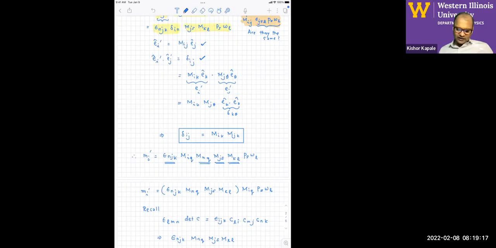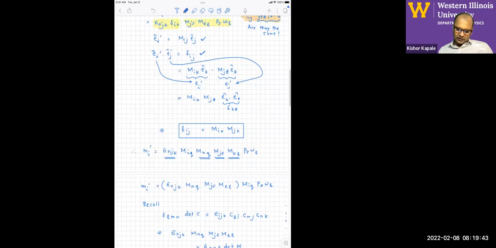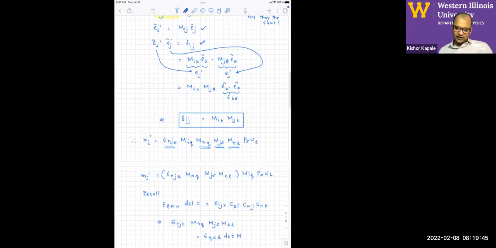But I can write this as a dot product of the transformed vectors from the original coordinate system. And so the first term, ei prime, I can transform to look like Mik ek, expressed in terms of the original coordinate system. Do the same thing for ej prime, write it as Mj theta e theta.